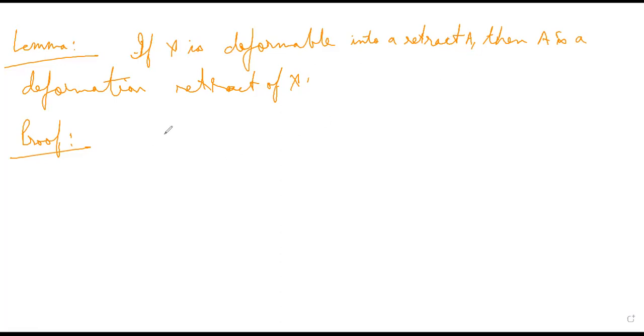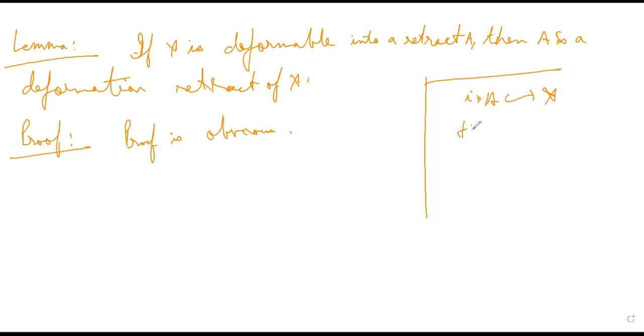So the proof is obvious, because if X is deformable into A, as we have already done, it is equivalent to saying that the inclusion map from A to X has a right homotopy inverse.